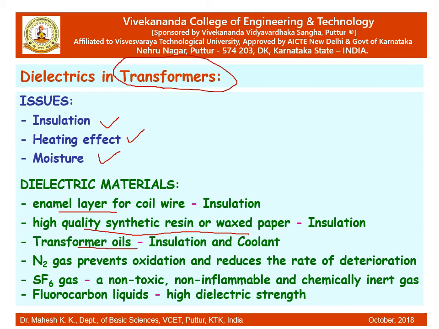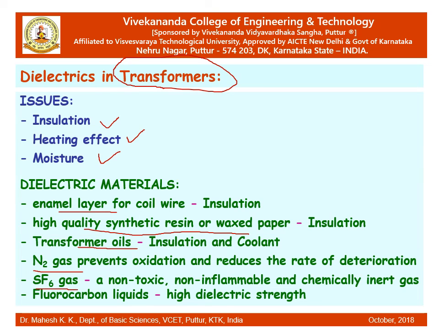In addition, if the interiors are exposed to moisture, then deterioration of the coil and core materials may take place. The usage of nitrogen gas prevents oxidation and reduces the rate of deterioration.